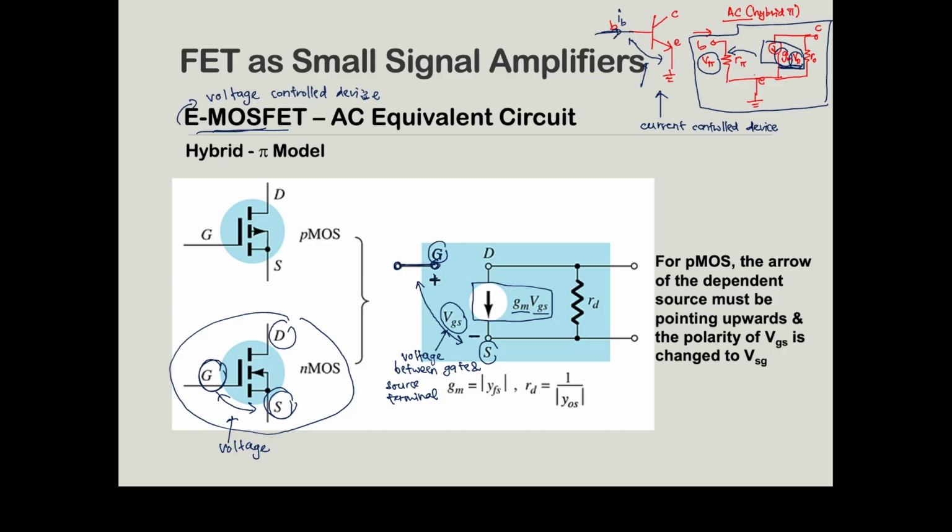But for MOSFET, the voltage parallel to the GM, the transconductance, is VGS, therefore it is GM VGS. And then here is the drain, and parallel to that we have RD. So what is RD? RD is the internal resistance between the drain and the source terminal. We are not considering the PMOS.